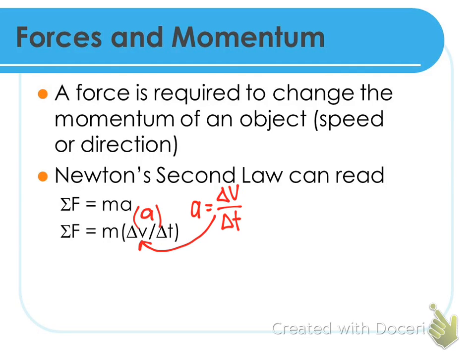I'm going to show you the derivation that gets us here to connect force and momentum. You don't necessarily have to have this derivation in your notes, but I'm going to show you how we get from Newton's second law to this new equation for force and momentum.